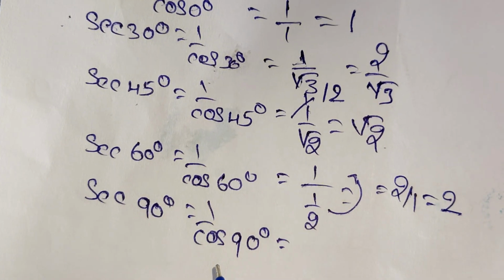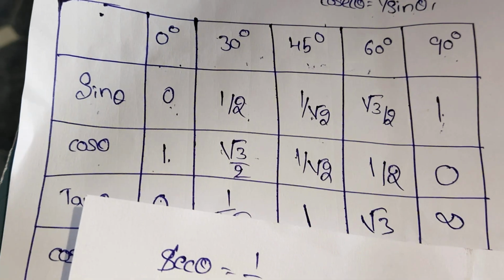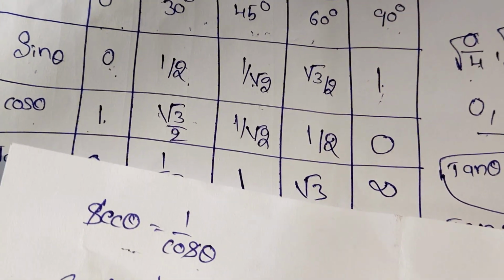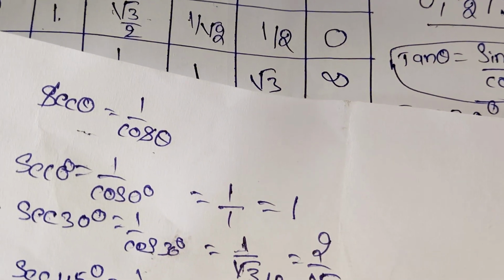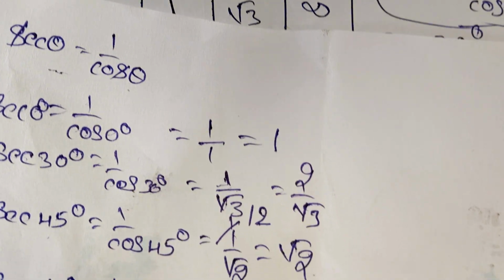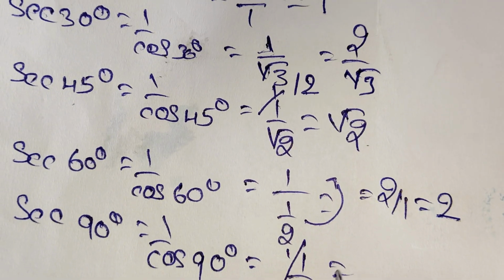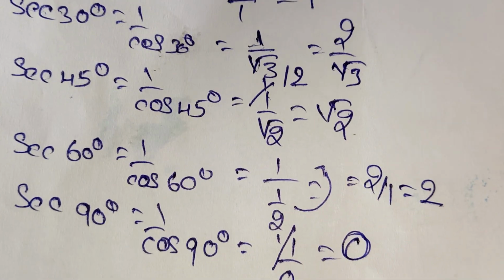And also what is the value of cos 90 degrees? Cos 90 degrees is nothing but 0. So 1 by 0. What does 1 by 0 mean? 1 by 0 becomes 0 by 1. So what is there? 0.